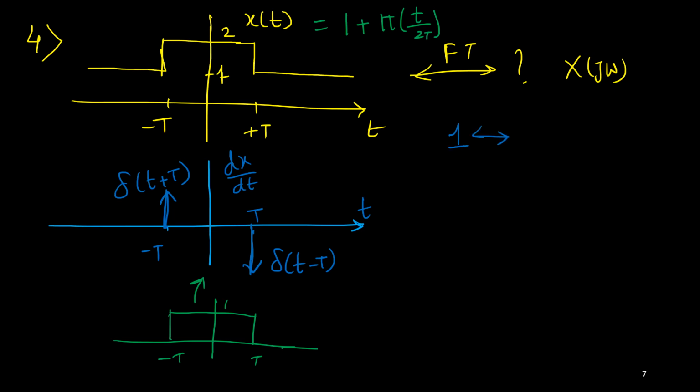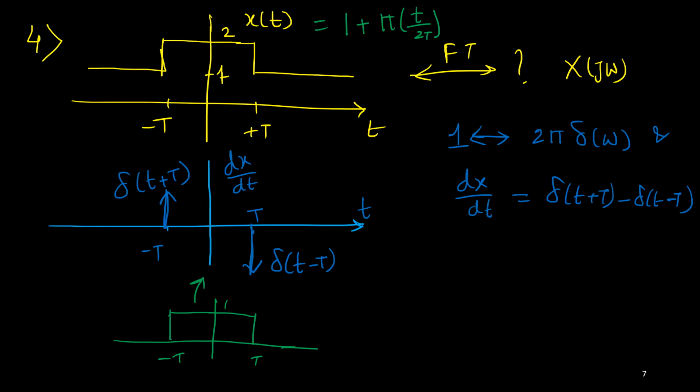we should have a Fourier transform of 2 pi delta omega. Okay, and then we can consider this dx/dt, and we can have dx/dt equals delta t plus capital T minus delta t minus capital T, and then we use the same approach we have done.